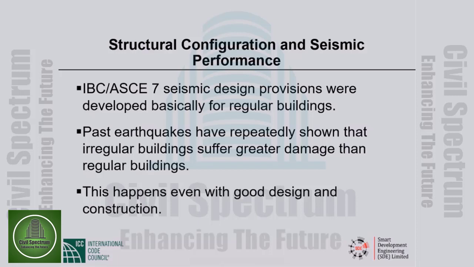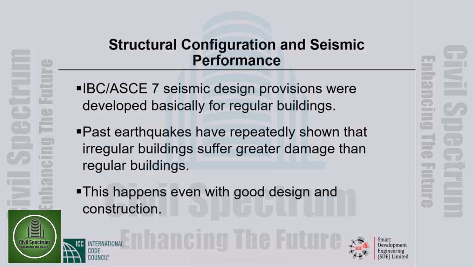Irregular buildings started attracting attention with the 1988 UBC, which is not yesterday, so some time ago. But the fact remains that the basics of seismic design have always considered only regular buildings. Past earthquakes have repeatedly shown that irregular buildings suffer greater damage than regular buildings, incomparably greater damage.